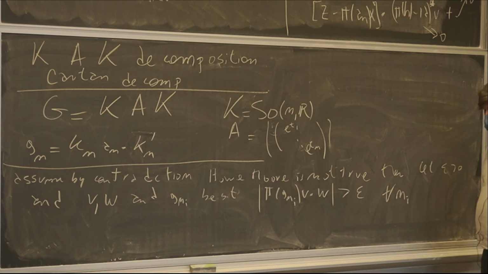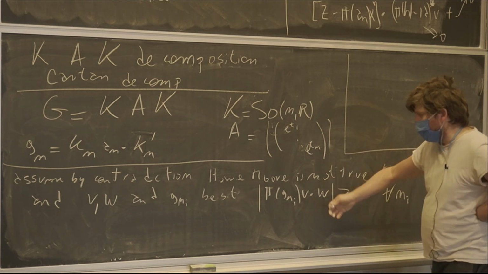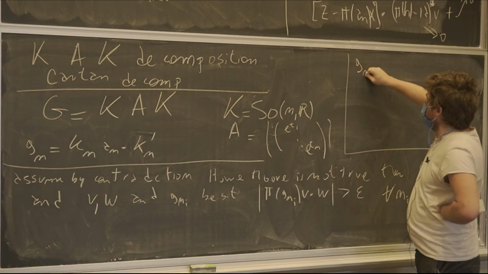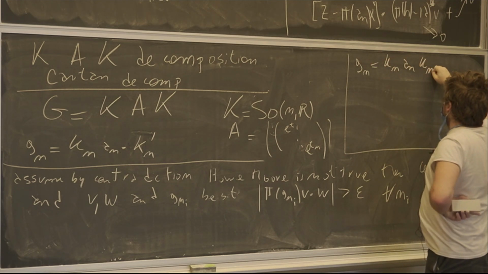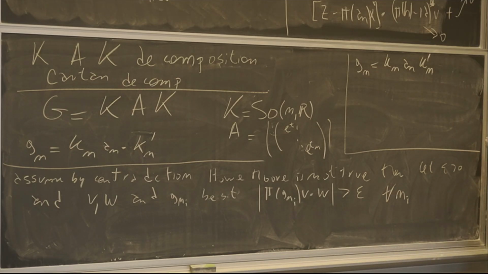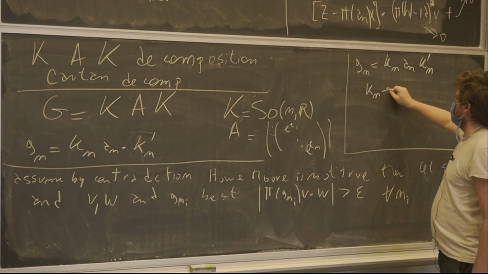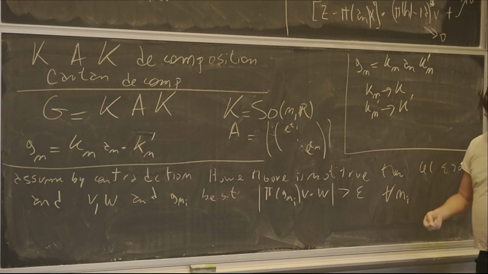Then we do the typical trick of forgetting about the i. So let's just assume that this is true for the sequence Gn, and the same will be true for any subsequence. Now I write this sequence Gn as Kn, An, Kn prime by the KAK decomposition. Since Kn and Kn prime belong to the compact group, by taking a subsequence, you can take Kn going to K and Kn prime going to some limit K prime.